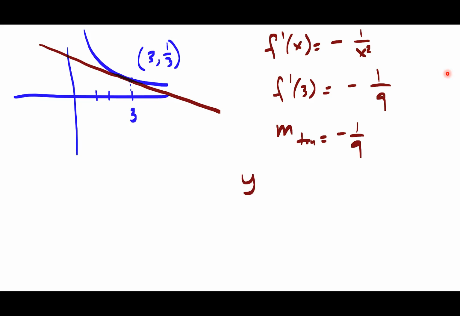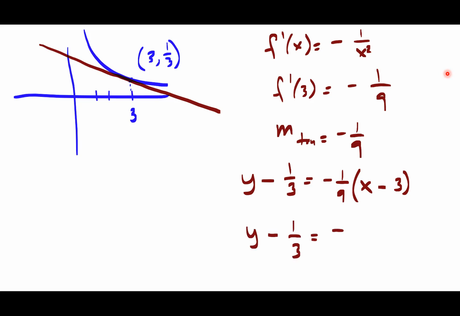All right, and then I'm going to plug it into point-slope form because I think I do have everything I need. So y minus y1, that's the point that I need, equals my slope times x minus x1, or my value that I chose for that point there. All right, I think I'm good here.